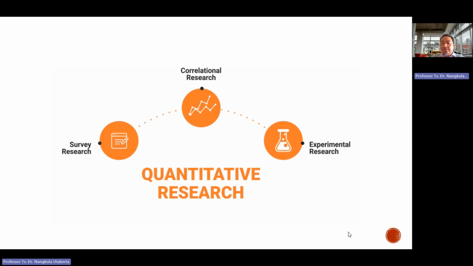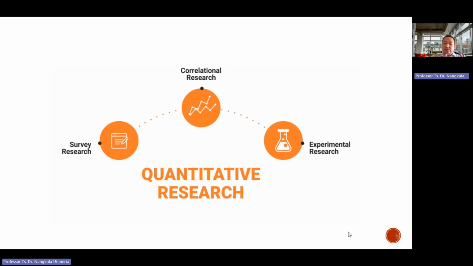There are three types of quantitative research. One, they call it survey research. Survey research means you like to do a survey on certain things. I mean you either distribute a questionnaire or you visit those places. That's called survey research. The second one is correlational research. Correlation means that you like to know the correlation or connection between one phenomenon of research and another phenomenon of research.